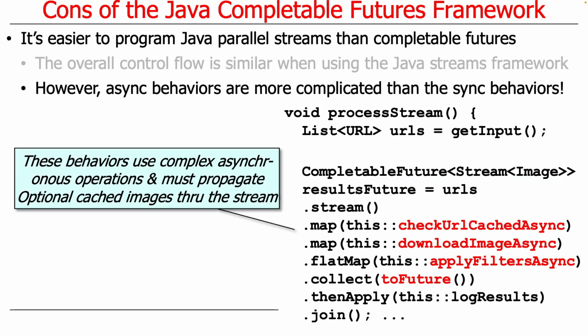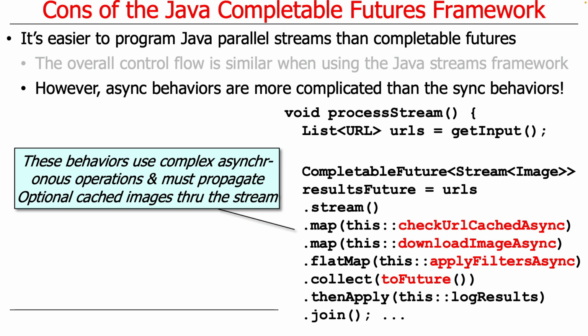In contrast, the behaviors here, which we didn't really go over in detail, but if you watch the videos from my other classes that have covered this in detail on the image stream gang case study, you'll see that all of these behaviors need to deal with optionals. That's because when we start out downloading something, because we're using completable futures, we can't filter them. You can't apply a filter on a completable future because it's not got a value yet.